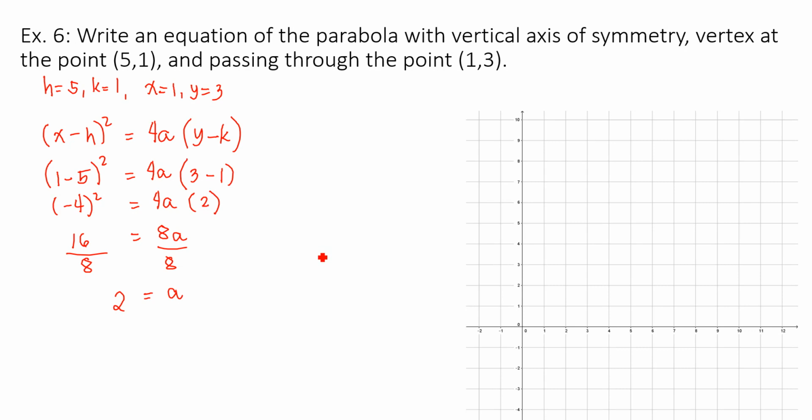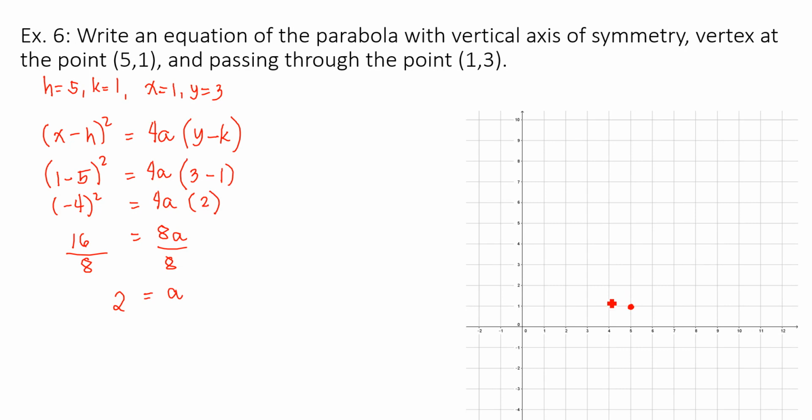In other words, the focal length, the length of the segment from the focus going to the vertex, is 2. So if the vertex is at 5, 1, then we have two scenarios here.